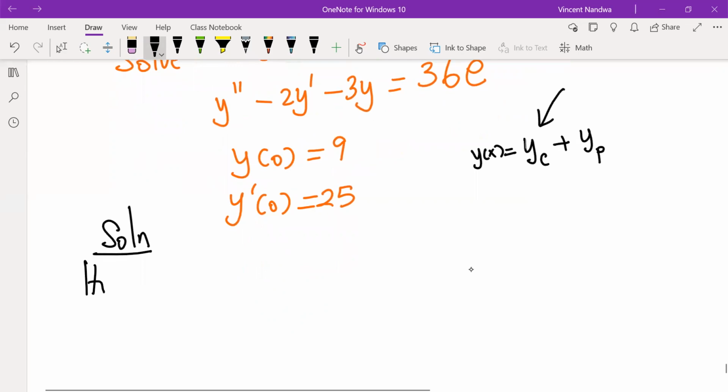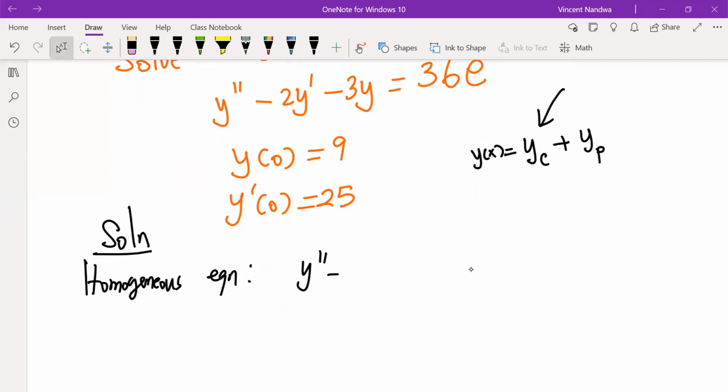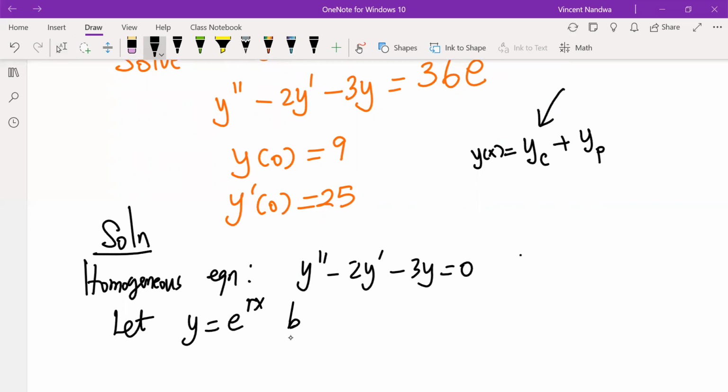So the homogeneous equation for this case is y double prime minus 2y prime minus 3y equals 0. So let y equals e raised power rx be the solution.